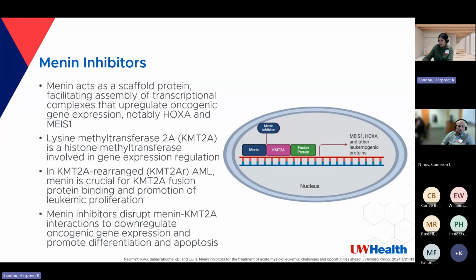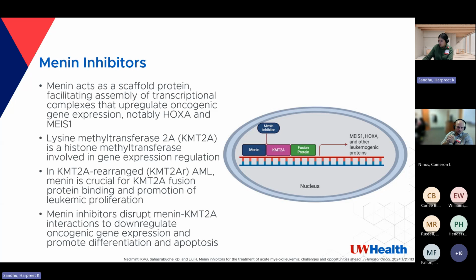Menin acts as a scaffold protein and facilitates the assembly of transcriptional complexes to upregulate oncogenic gene expression, notably HOXA and MEIS1. Lysine methyltransferase 2A, also known as KMT2A, is a histone methyltransferase involved in gene expression regulation.